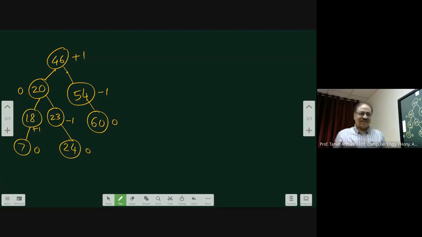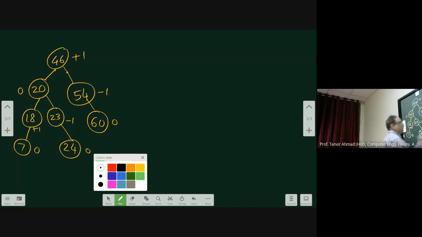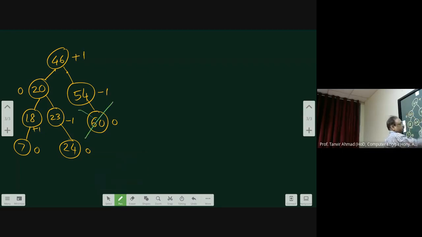Correct? Now what I am going to do is delete this node.